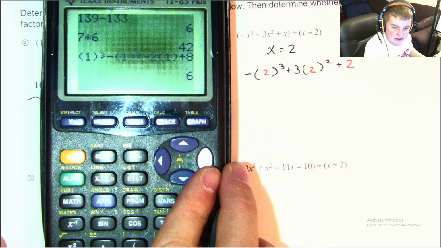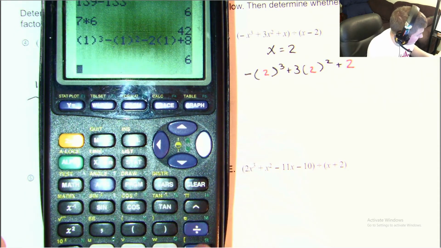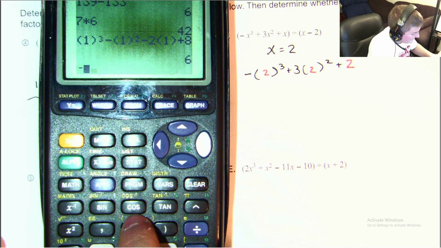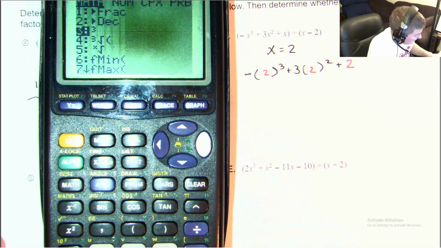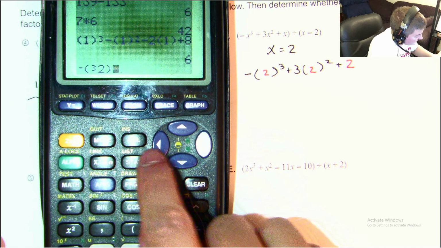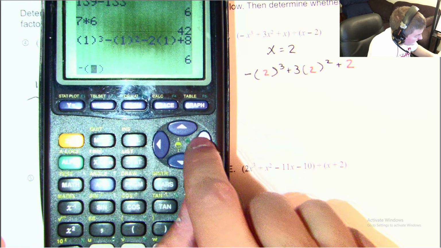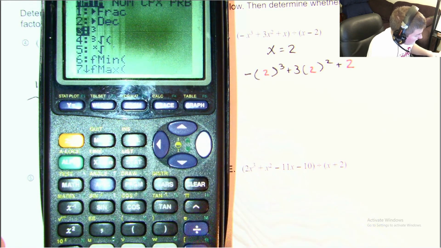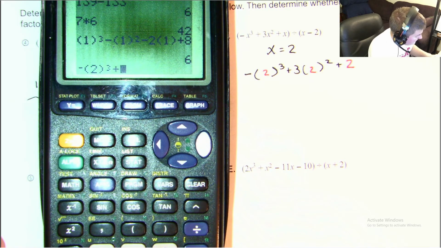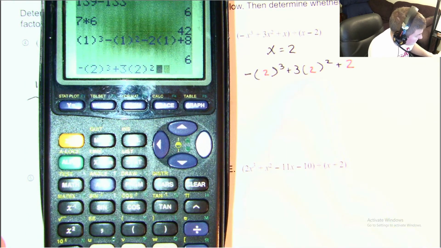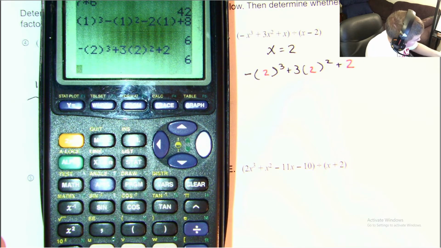All right, let's see if I can shift it up just a bit so it's a little clearer. So I'm going to get the opposite of 2 cubed plus 3 times 2 squared, and then plus 2. And that remainder is also 6.